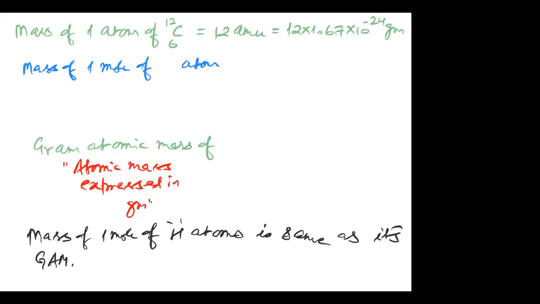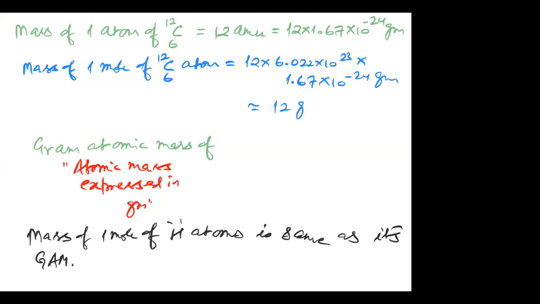Here, the mass of 1 mole of 6C12 atom should be equal to 12 multiplied by 6.022 into 10 to the power 23 multiplied by 1.67 into 10 to the power minus 24 gram, and comes out to be 12 gram.